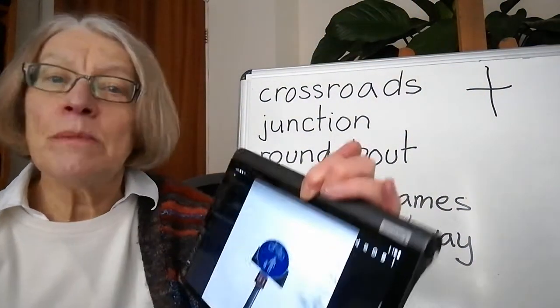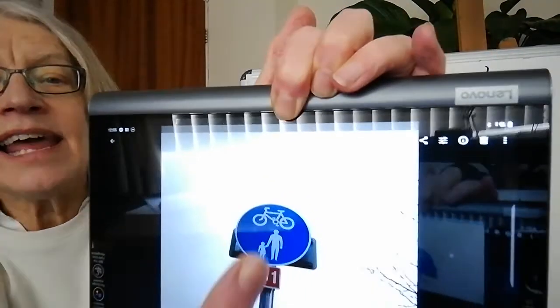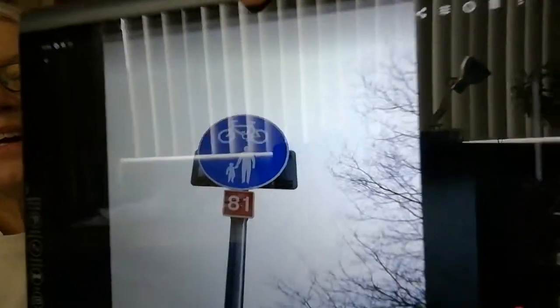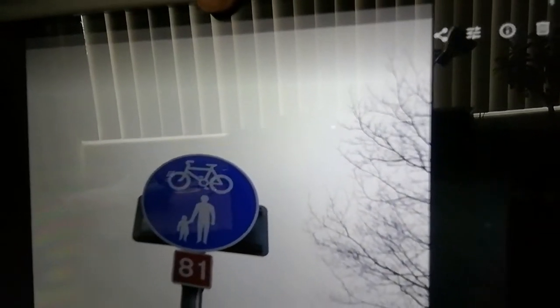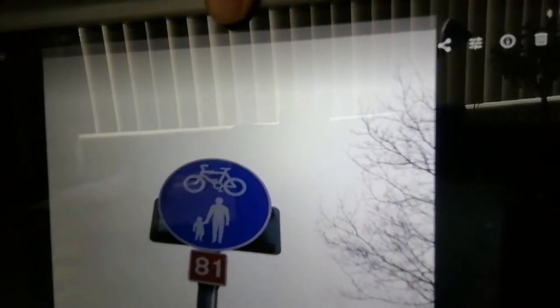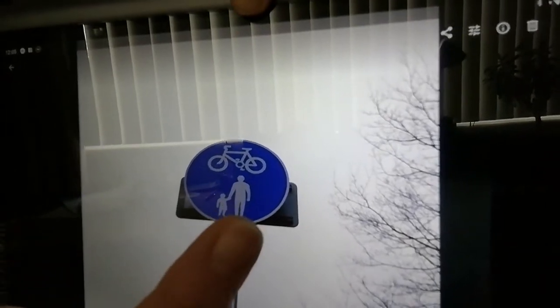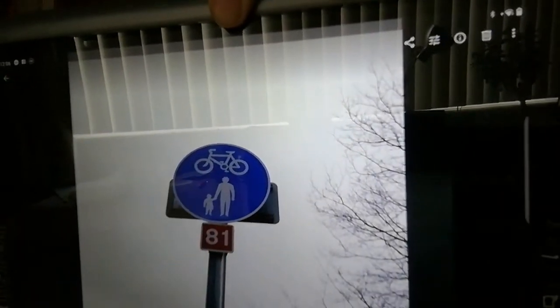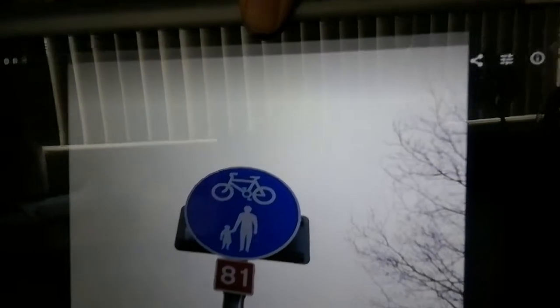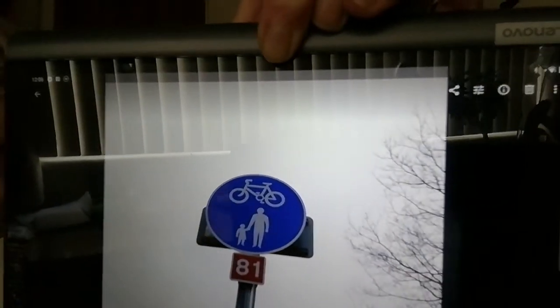You might also see a sign that looks like that, and that is the sign for a cycle path. The picture underneath of the man holding the little girl by the hand means that people can also walk on there.